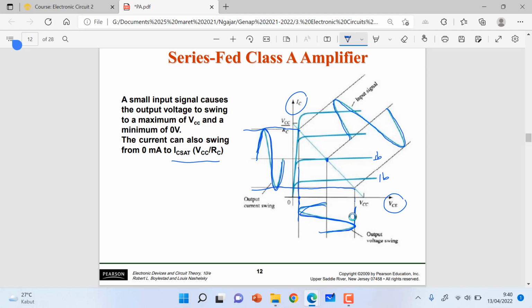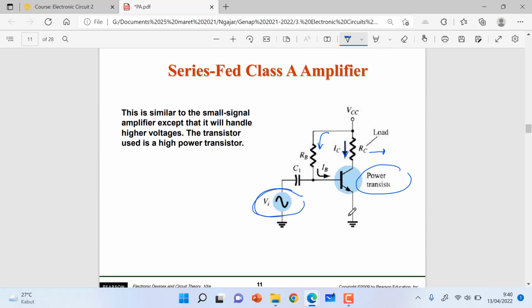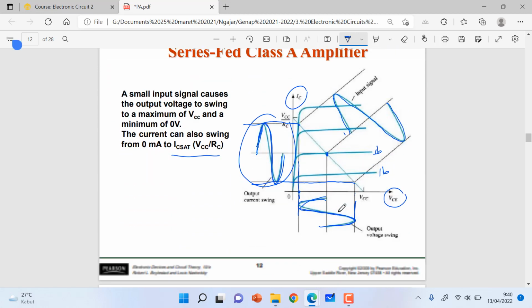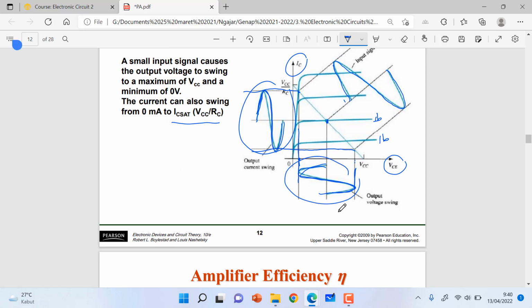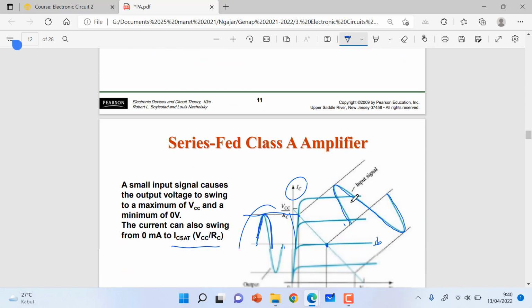In this figure, this is the input signal. The output current swing and the output voltage swing are located in the load resistor.